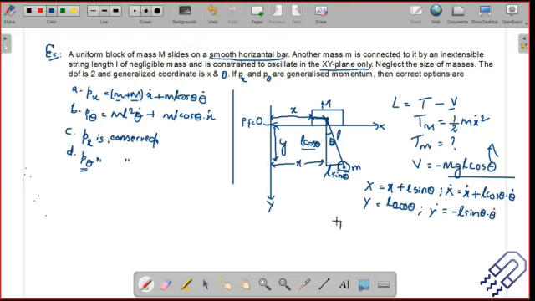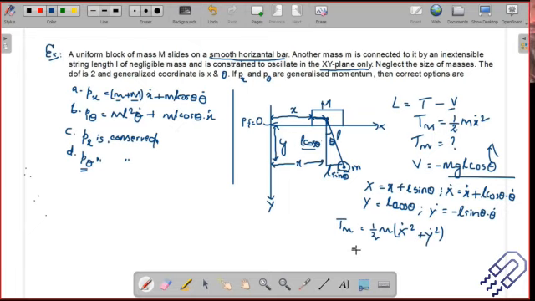Therefore we can find T for the small mass. T m is half small m times x dot square plus y dot square, and that's the reason we are finding x dot and y dot.